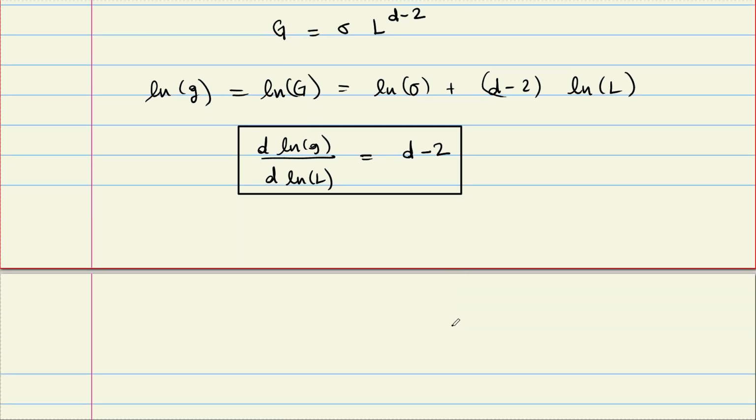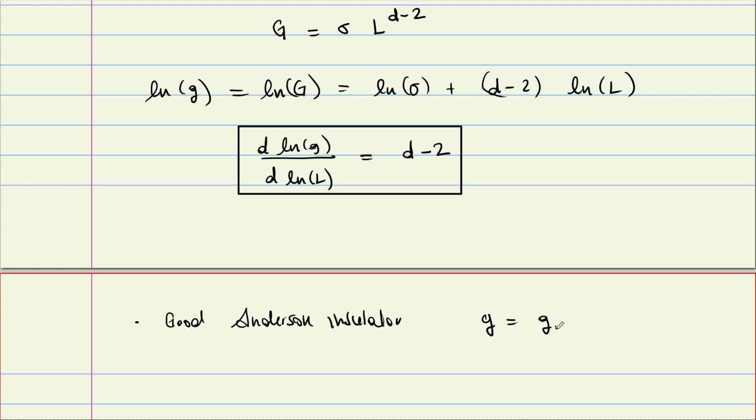So this is one extreme limit, and the other limit is a good Anderson insulator. And in that case, g is going to be some constant times e to the minus L over some other constant psi, right?